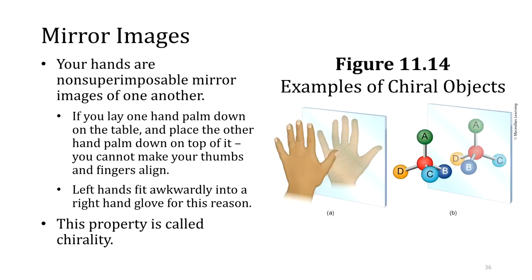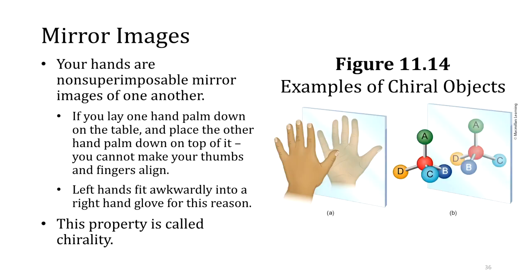But in an ideal sense, the two hands would be identical, except they don't match the same in three-dimensional space. They're opposite from one another. They're not superimposable. So if you take both of your hands palm up and you put the left on the right or the right on the left, they don't match.